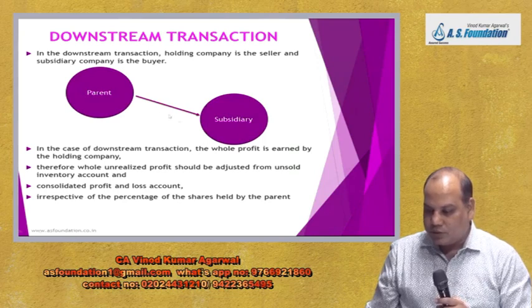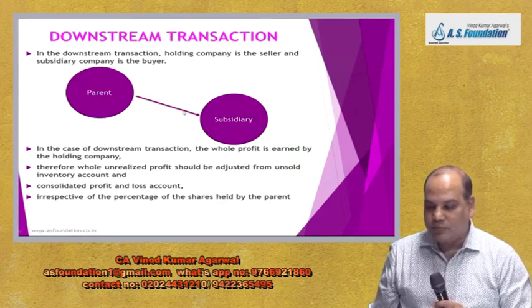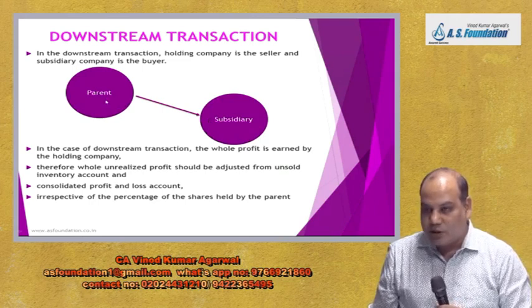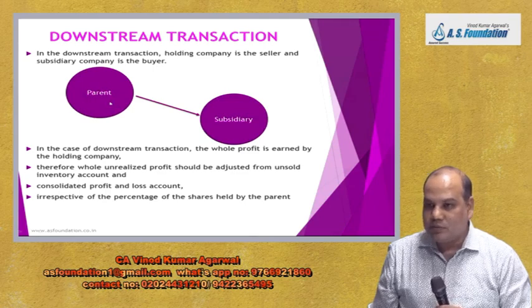What about downstream? In a downstream transaction, holding company is the seller and subsidiary is the buyer. So parent sells to subsidiary. Who has made the profit? Parent. Where is the profit sitting? In the consolidated P&L account.